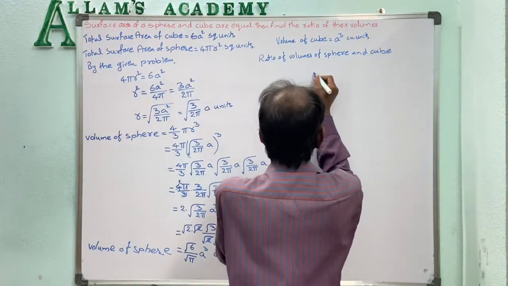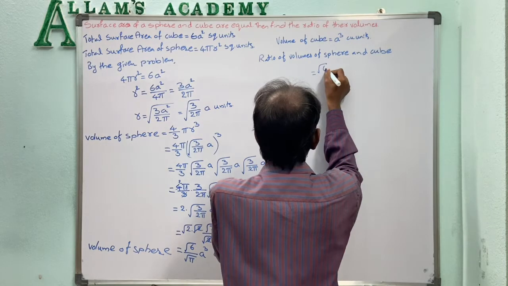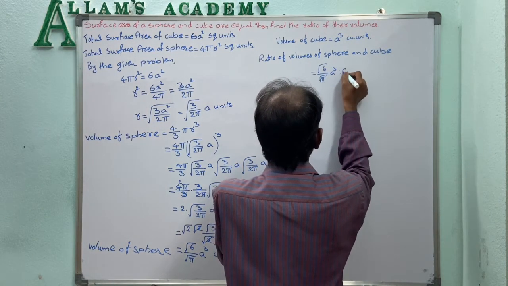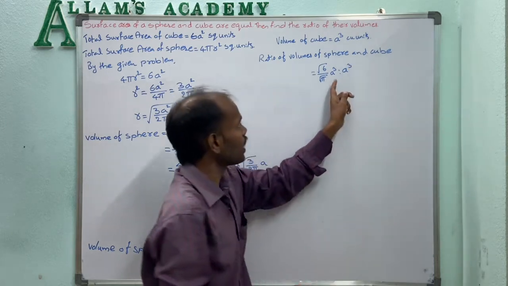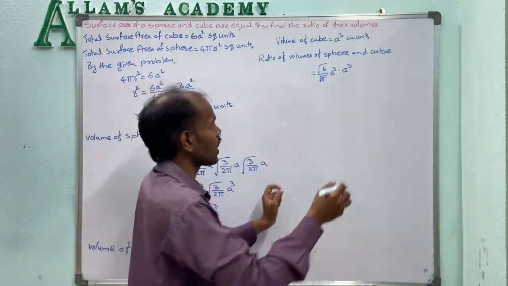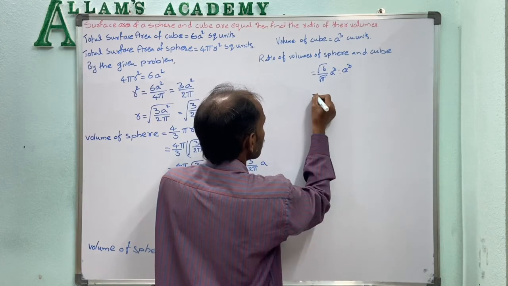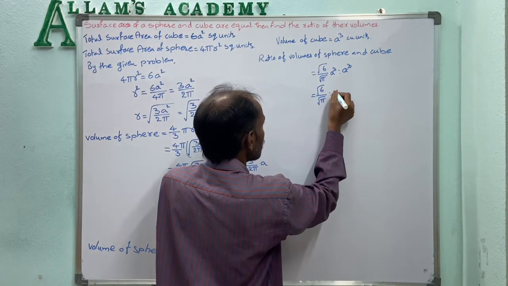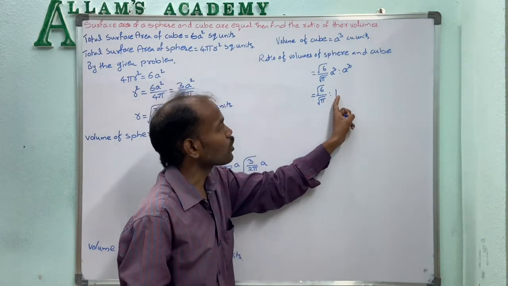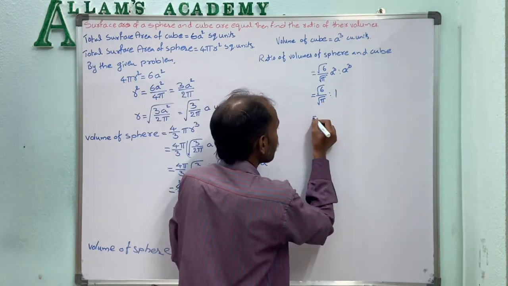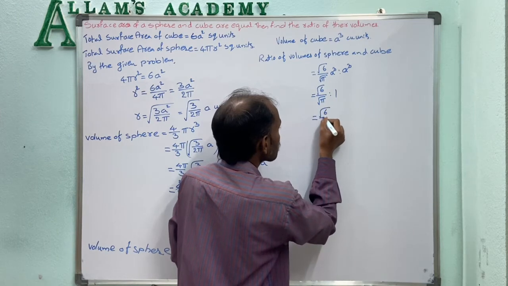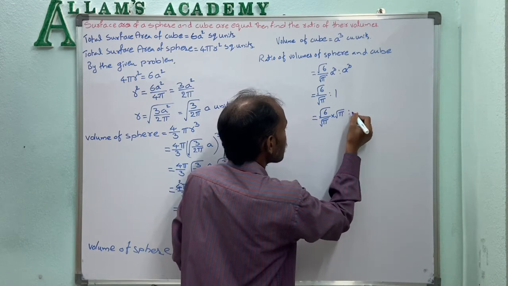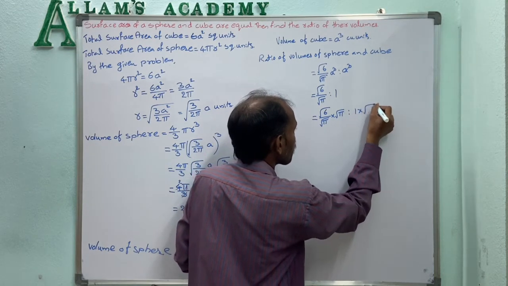So that is equal to root 6 by root pi a cube is to a cube. Now here a cube is the same value, so it gets cancelled. That means root 6 by root pi is to 1. Now multiplying both the ratios with root pi, root 6 by root pi into root pi is to 1 into root pi.